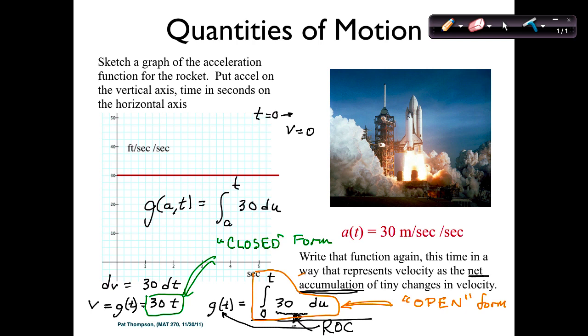Both are very good, and we want both. So we've been working hard on this, and then we're going to start learning all these different techniques for getting the closed form net accumulation functions. Make sense? Okay, let's look at a new example. Any questions?